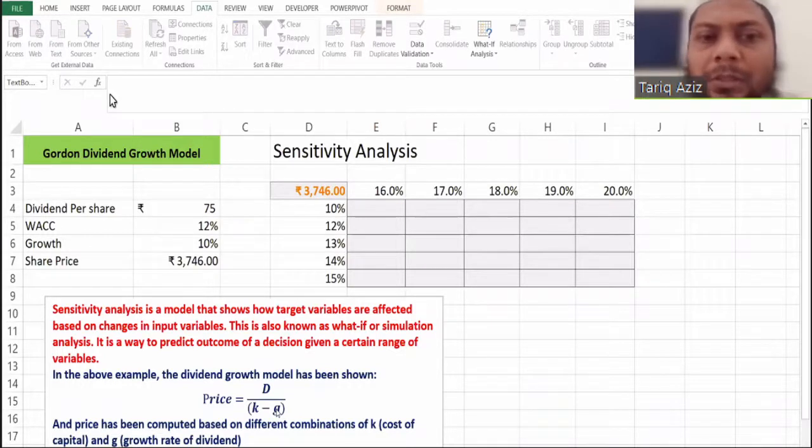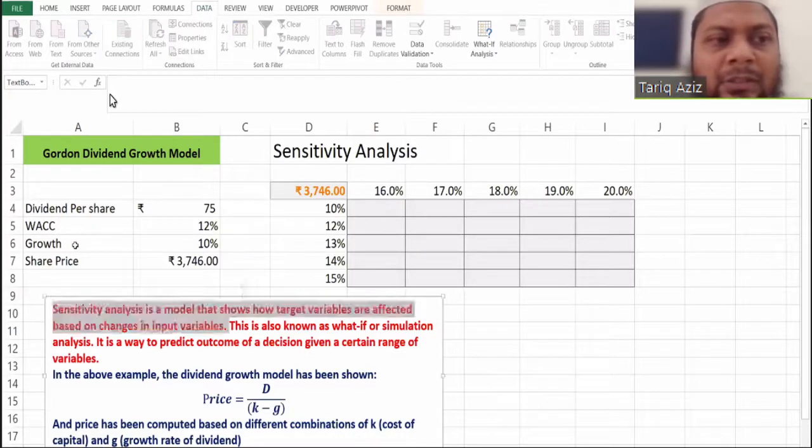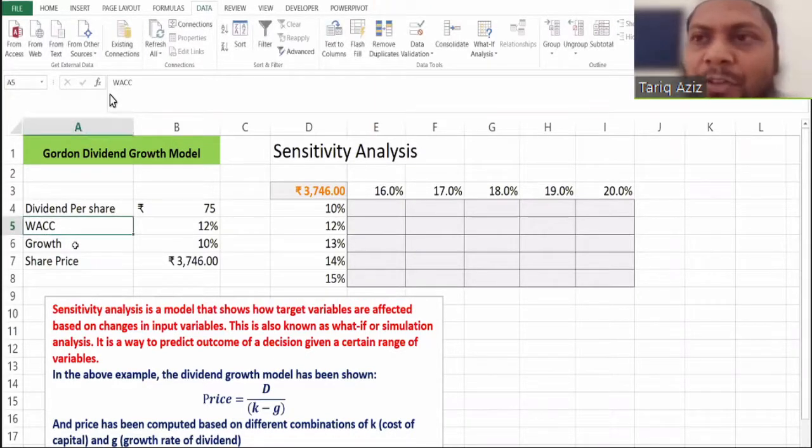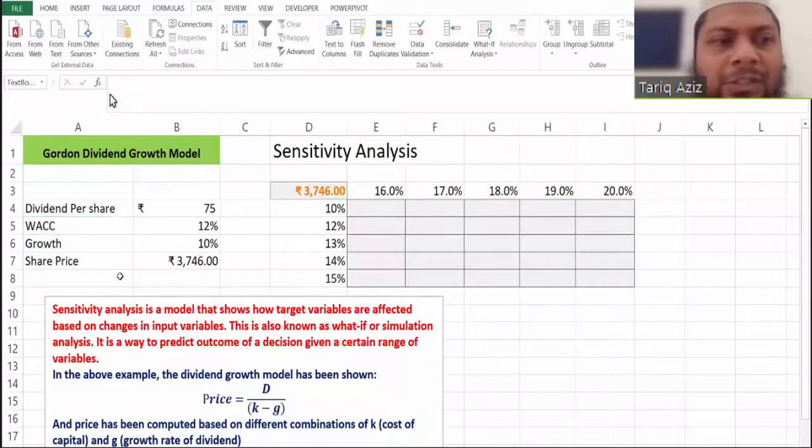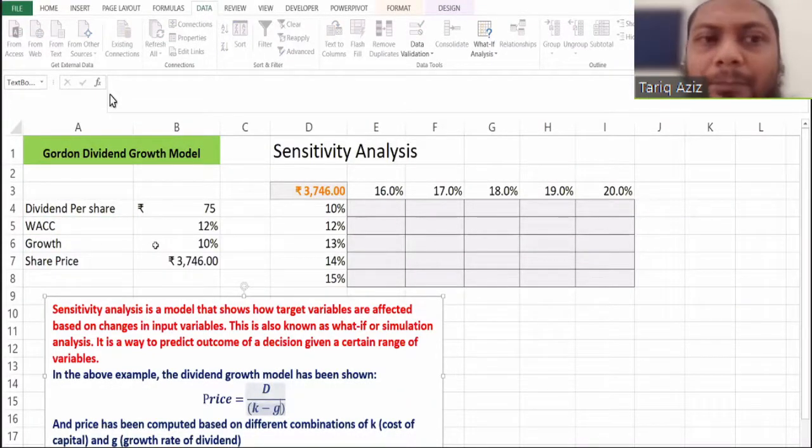Very simple model in which there are three inputs. One is dividend, another is cost of capital, that is also known as WACC, weighted average cost of capital, or simply cost of capital. G is the growth rate or the growth rate of dividend.